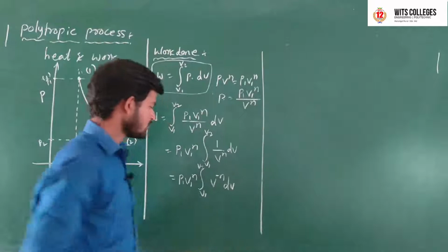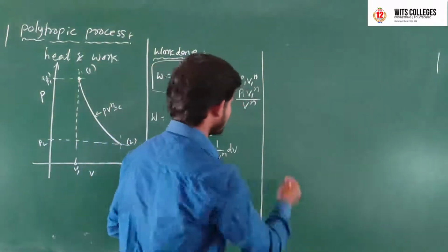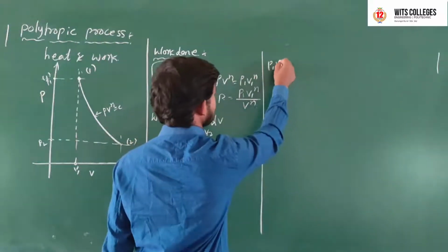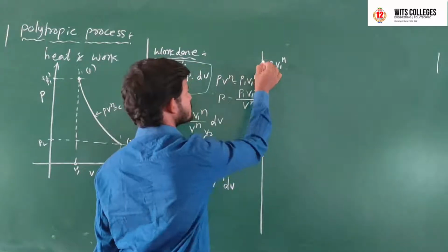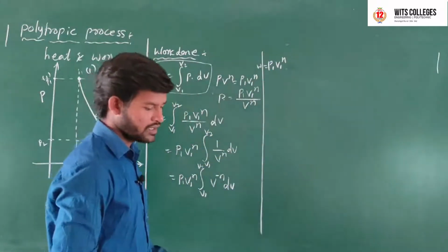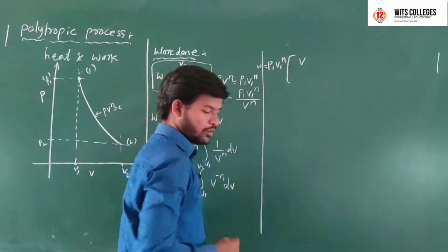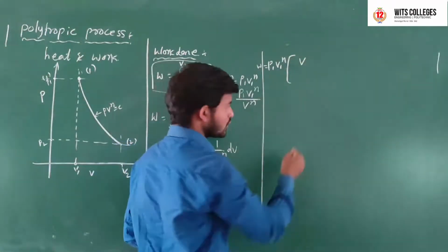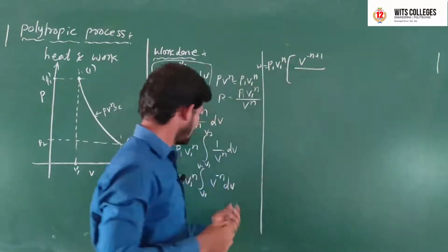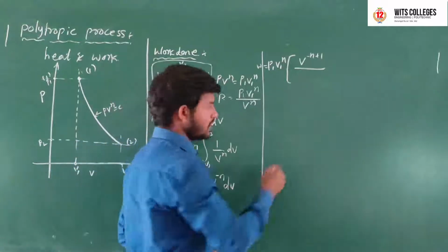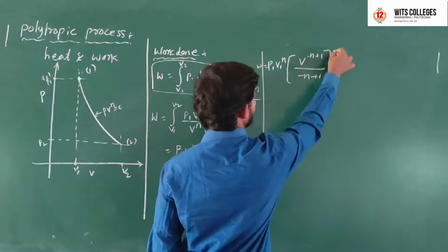Next, the integration of V to the power of minus n, we write as W equals P1 V1 to the power of n into V to the power of minus n plus 1 divided by minus n plus 1, from V1 to V2.